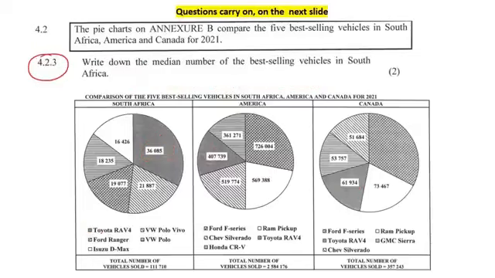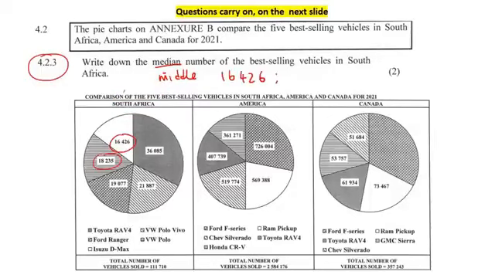Okay, so here's the next one. Write down the median. What does median mean? It means like the middle. Write down the median number of the best-selling vehicles in South Africa. So in South Africa, we need to look at all of these different numbers and arrange them from smallest to largest, because remember, that's how you do median. The smallest number for South Africa is that one there, 16,426.